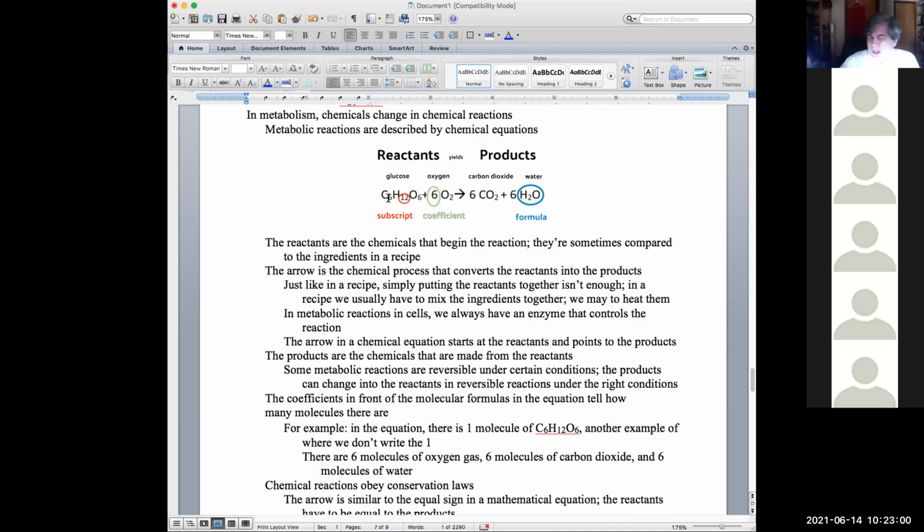First of all, notice a lot of these elements have subscripts behind them. Now, remember what we said the other day, the subscript tells us how many atoms there are of the element in front of it. So in our reactants, there are 6 atoms of carbon, 12 atoms of hydrogen, and 6 of oxygen.